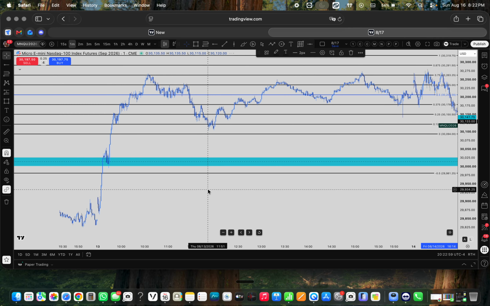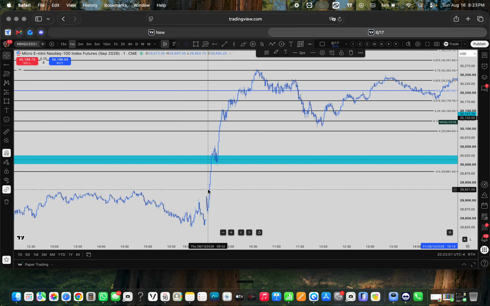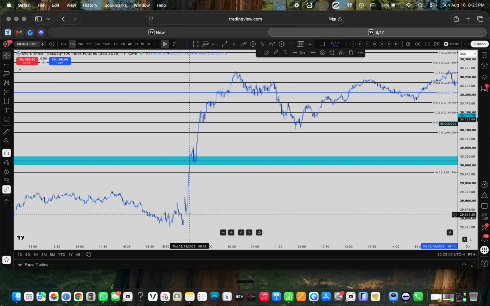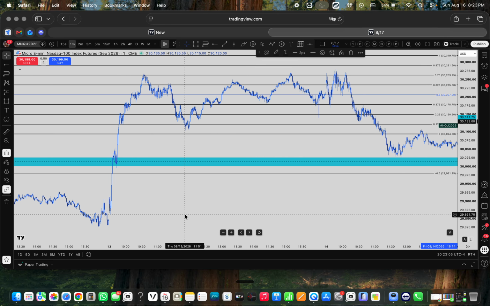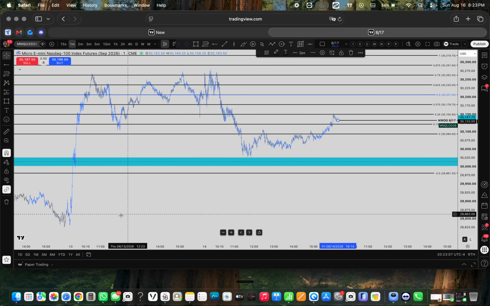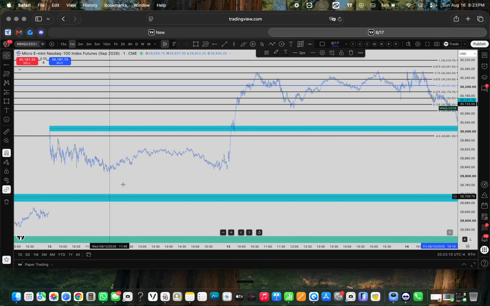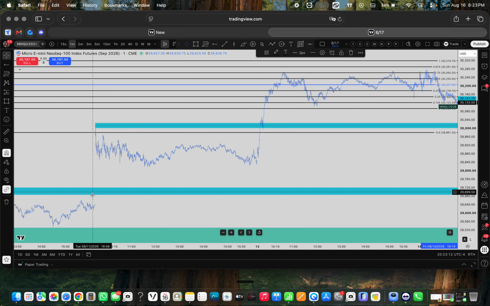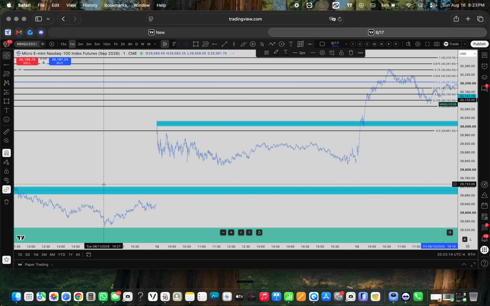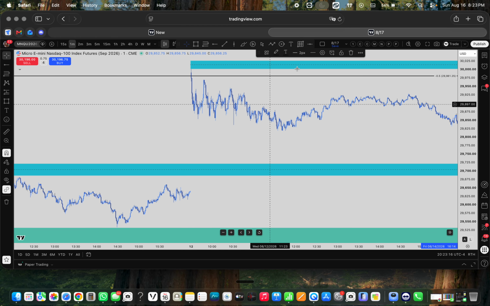Now I'm going to scroll back and look for other gaps. Let's see, Wednesday into Thursday, there's a gap down here. And let's see if regular price ever came down and filled it. Nope. It's a little bit of a gap. It's nothing too wide. We've also got a big gap right here. This is actually a decent one to mark.